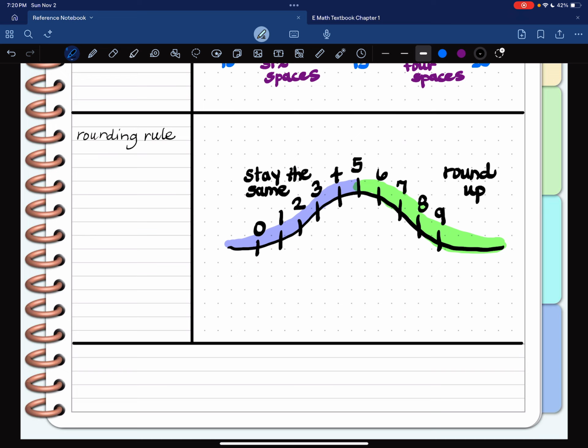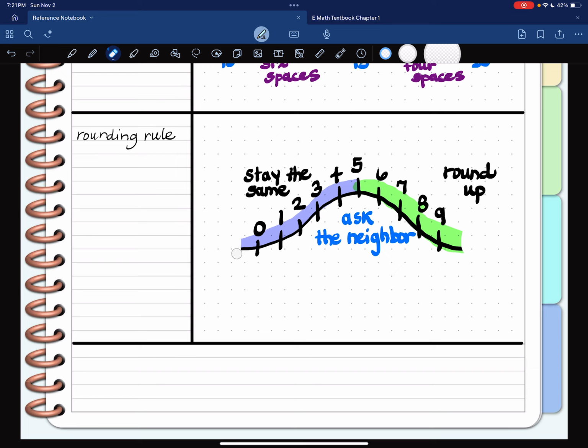And then there's one more thing that we need to do, and that is to ask the neighbor. So I'm going to put that under the heel to remind me to ask the neighbor. So if you can store a picture like this in your mind, you will be able to do the rounding rule.